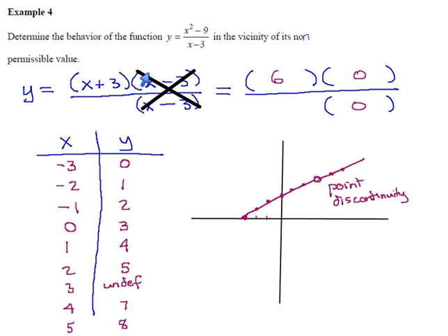The way you find it is just cross out these factors and say, if these weren't here, how would the function behave? It would behave like x plus 3, which means it would be 3 plus 3 equals 6. So the point 3 comma 6 is not in our function, but we can say it's the location of the discontinuity. It's the place where there's a skip in our function.